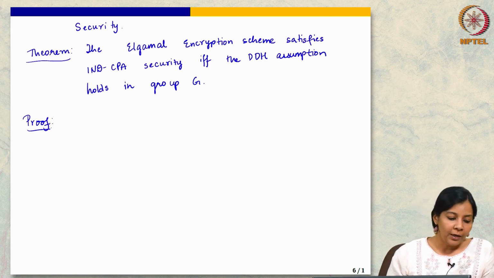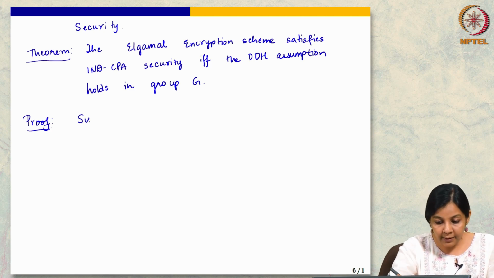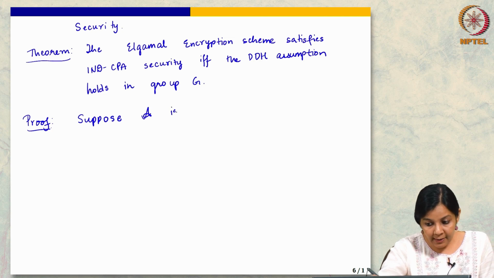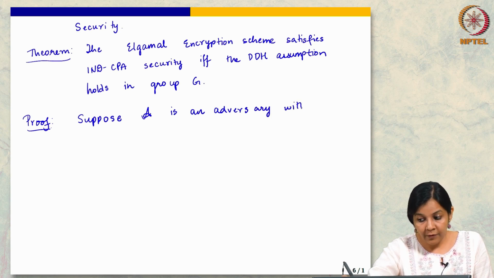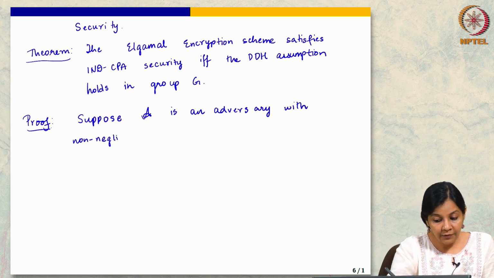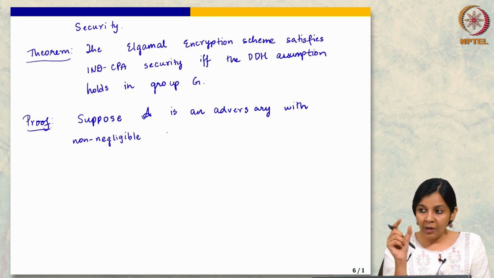Okay, very good. So, what should we do? Let's set this up. Suppose A is an adversary with some non-negligible advantage. We defined this earlier: it guesses the bit correctly with probability something over a half.